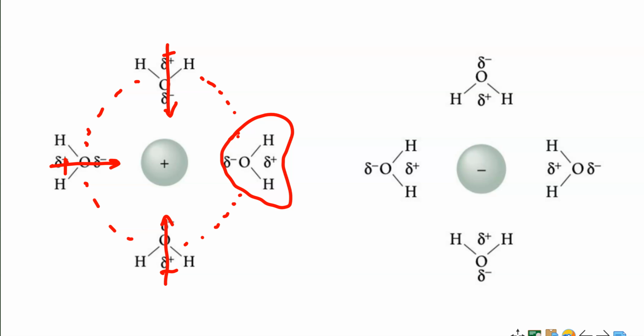Now the opposite is true if there's a negative ion. In this case, the dipole is still pointing the same way, but now the positive end is attracted to the negative ion, forming a hydration sphere that's just inside out.